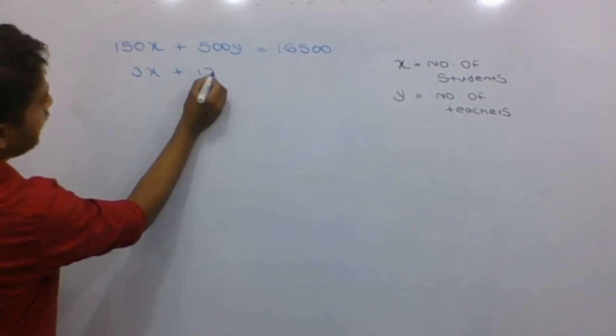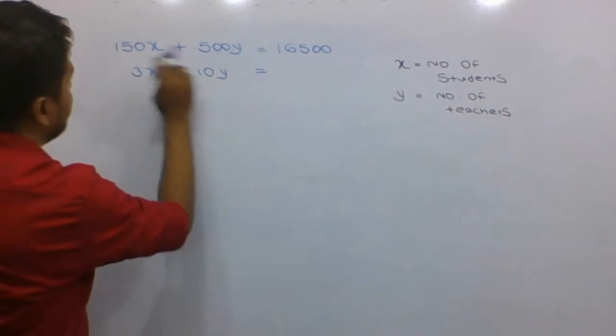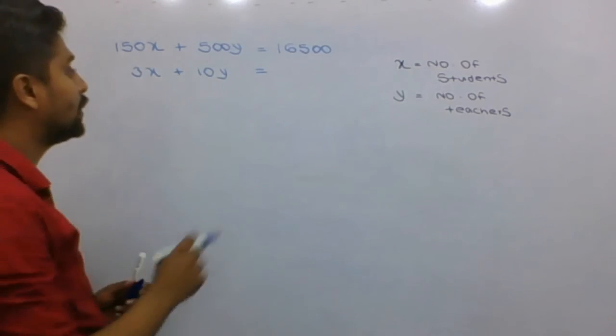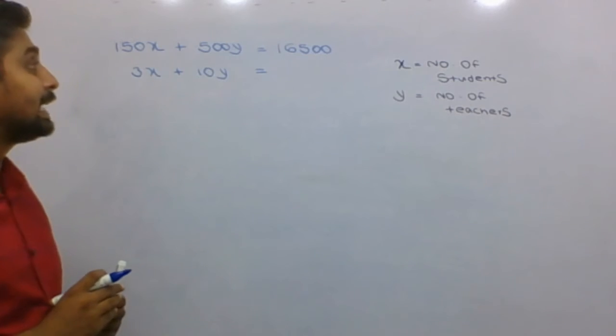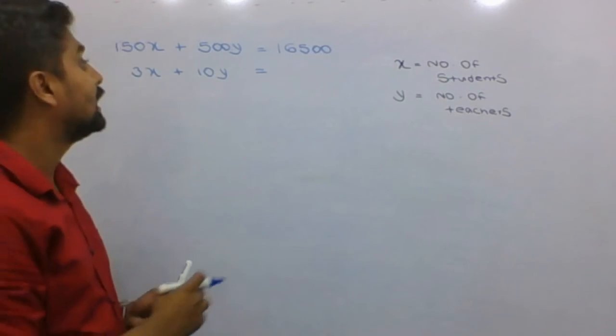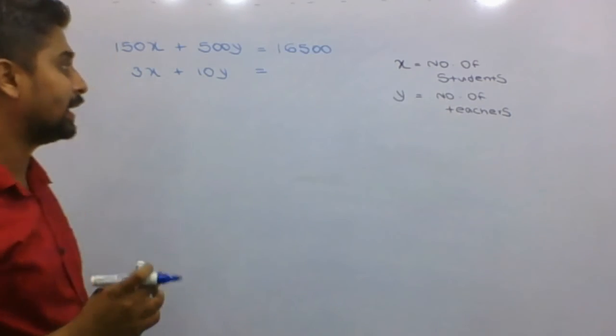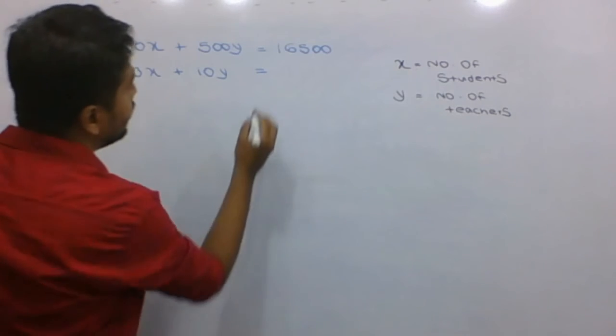If you divide this one by 50, it is 3x. If you divide this one by 50, it is 10y. We can divide this one by 50 as well, and after dividing it, it comes here.